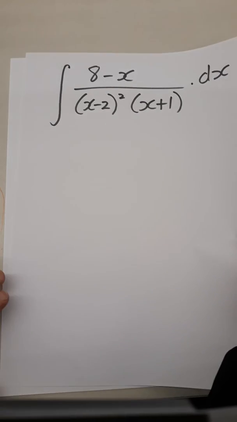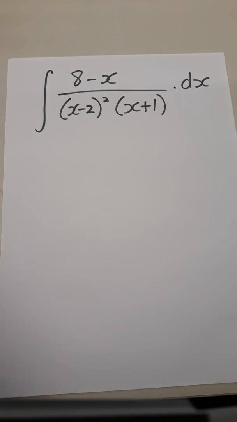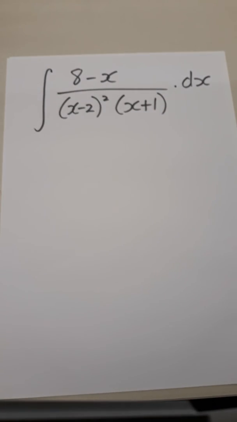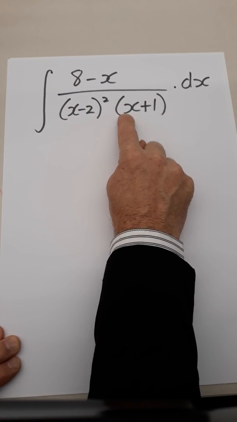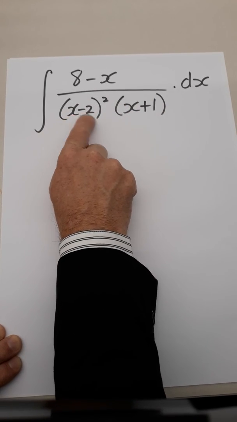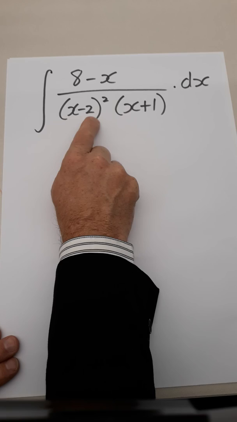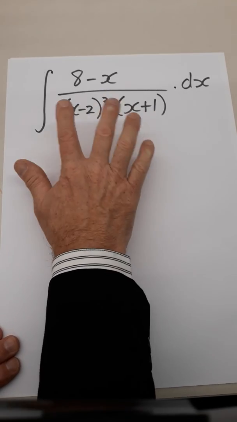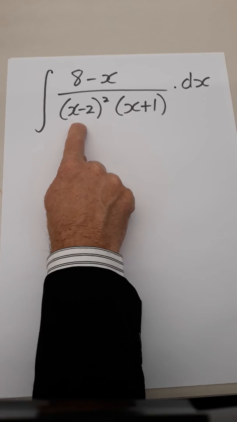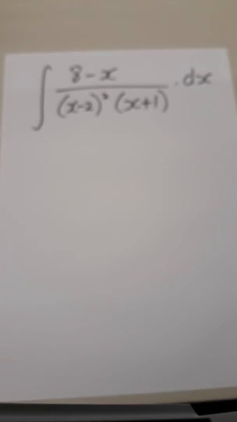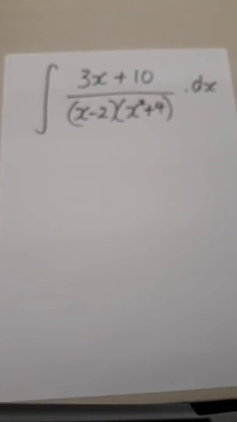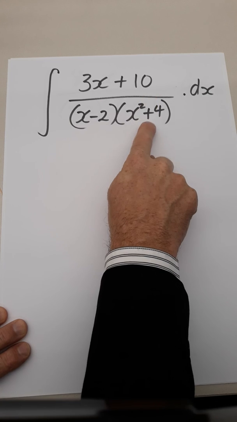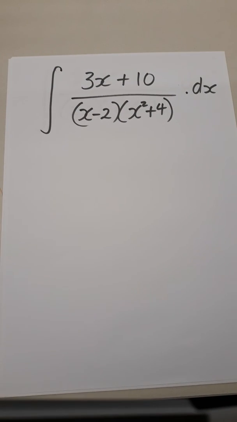Something like this one here. Because it's a factorised denominator, you can see that they're linear factors, because the thing inside the brackets is like an equation of a line, ax plus c. This has actually got a repeated linear factor, so there's going to be a special method for that. This one here is going to be partial fractions because you've got a denominator that's factorised, and it has a quadratic factor, so there's going to be a special thing we do when we work out partial fractions for quadratic denominators.